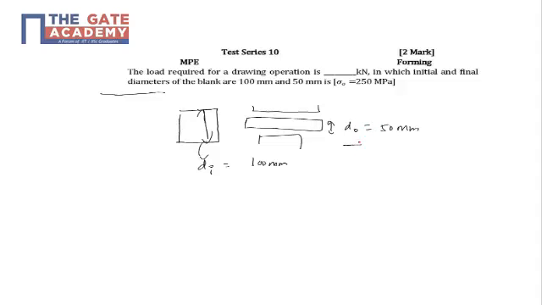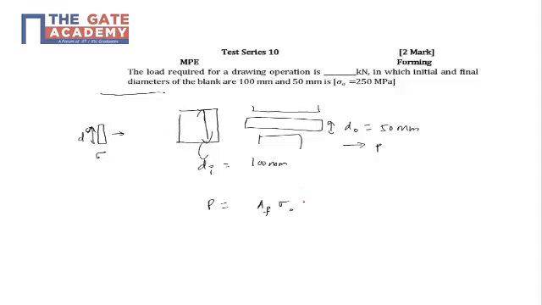Now the load that is required to do this process is related to the initial area, but remember that the area of cross section is not constant throughout. So you have to take a small element, let's say the element is d, and the stress is sigma; apply the load, find out the load, and then you have to integrate.